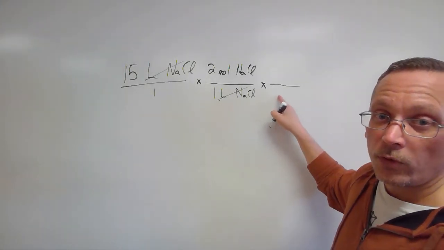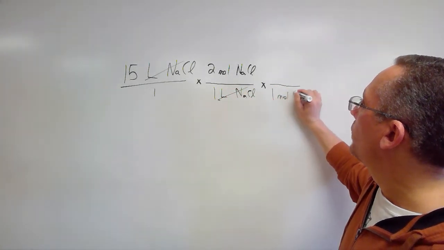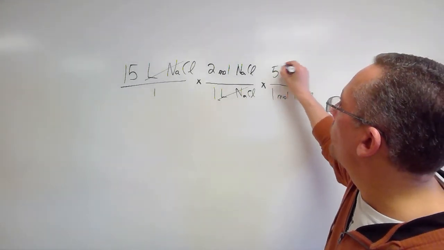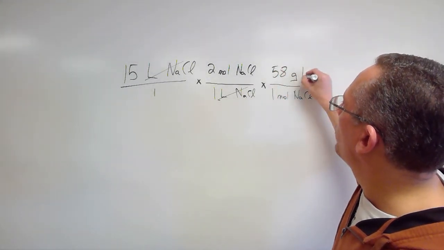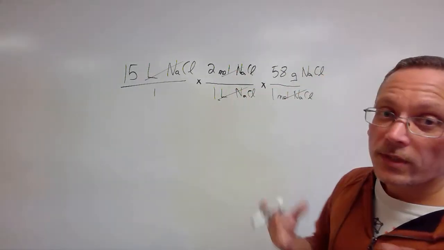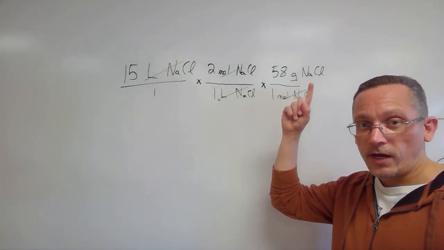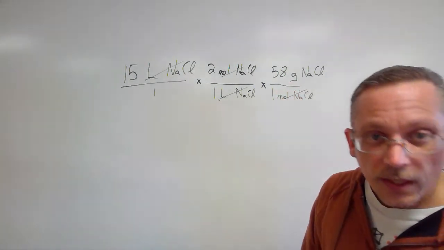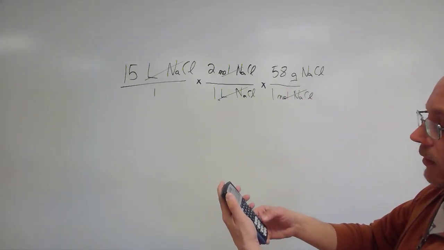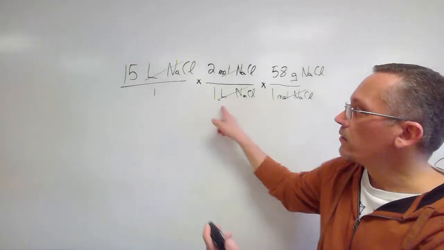So it's 58 grams and 1 mole. Clearly I'm going to want the 1 mole down here. So I have moles up there. And I'll put the 58 grams on top. Cancel that. Now the question asked me how many grams of NaCl, and now I have grams of NaCl. So we're going to go ahead and work that out, and that'll be our answer. So here we have 15 times 2 times 58, and these are all 1.